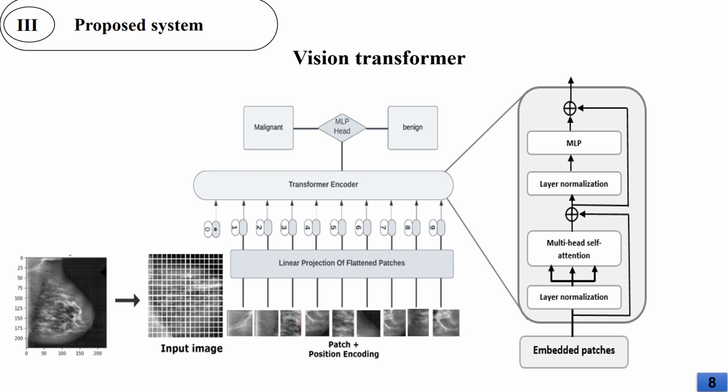The output from the transformer encoder is then directed to the MLP head, a pivotal component in the classification process. The MLP generates a probability distribution of the labels corresponding to individual patches. Finally, this comprehensive approach ensures effective breast cancer classification, leveraging the power of the vision transformer.